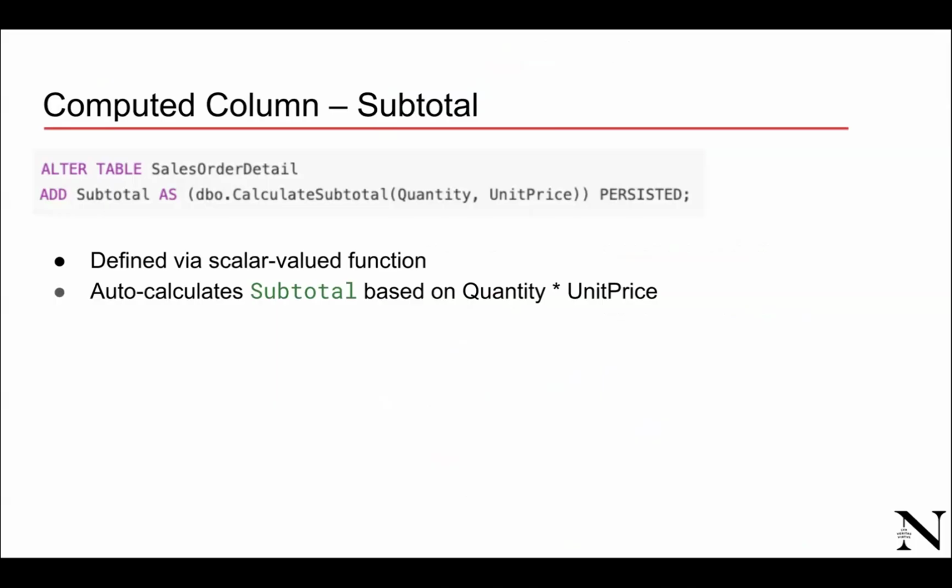Since it's marked persisted, the result is physically stored in the table to improve performance. This approach ensures consistency, avoids manual errors, and shows how database functions can support automation and reliability.